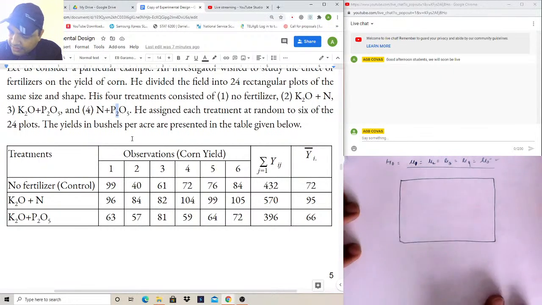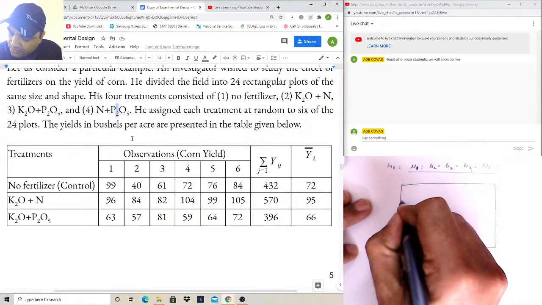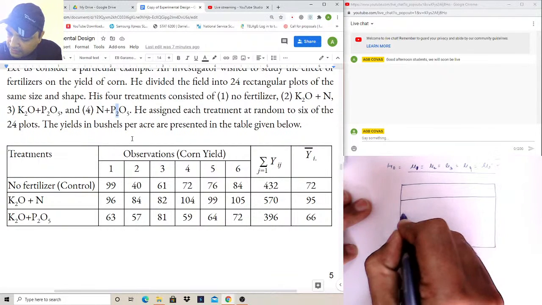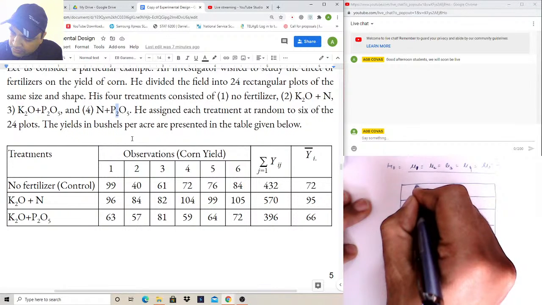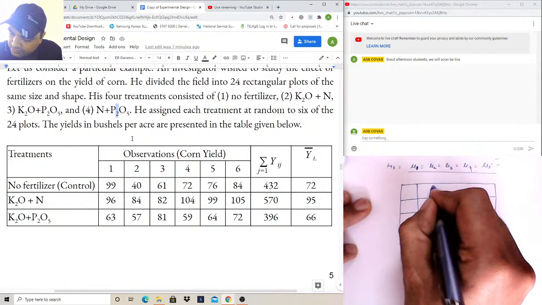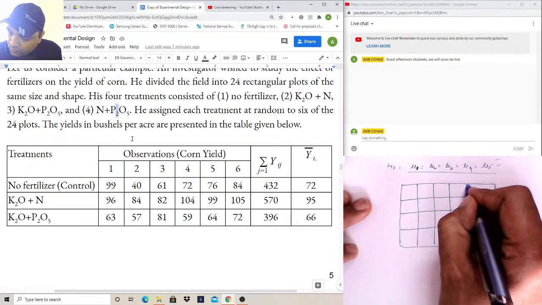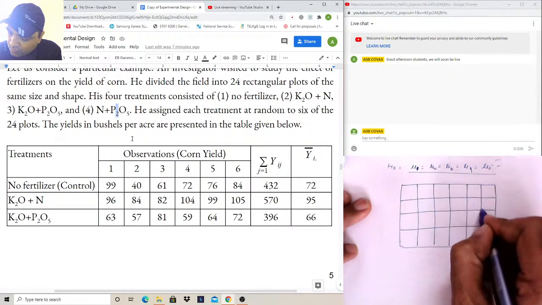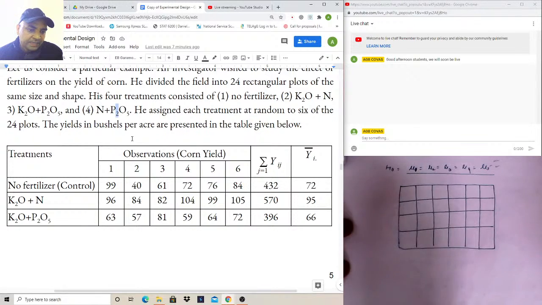This was his land, and he was having 4 treatments, so he made 6 by 4. So these were the plots. What he will do is randomly assign the 4 treatments.